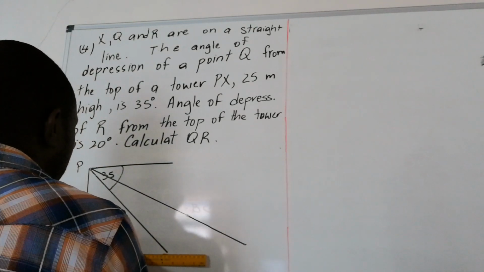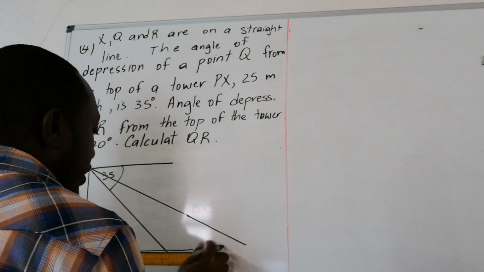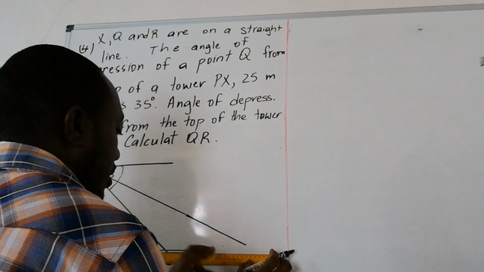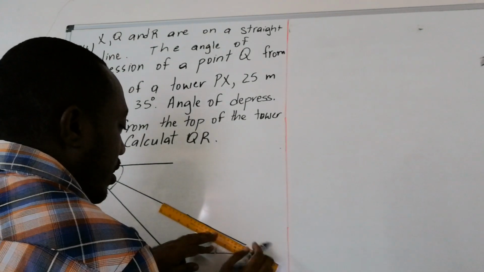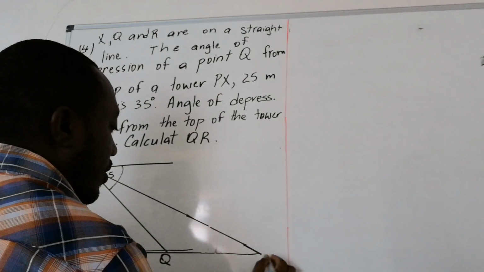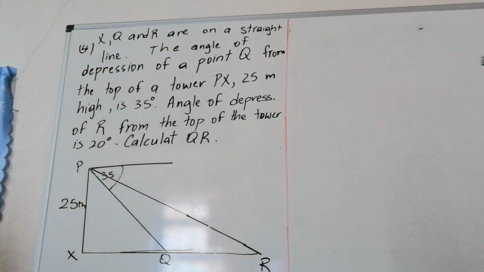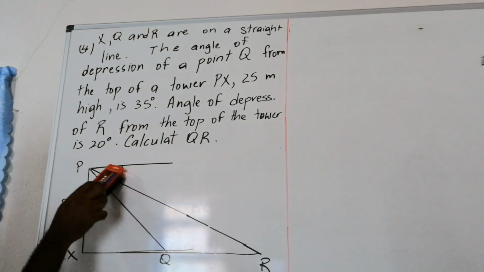So let's join our points. Remember, they're all on a straight line. Alright, so our diagram should look like this. Now for us to put in our angle, let's just show this a little better.